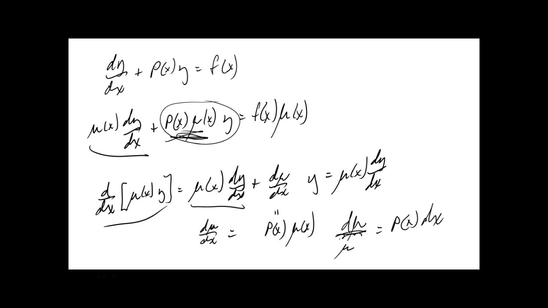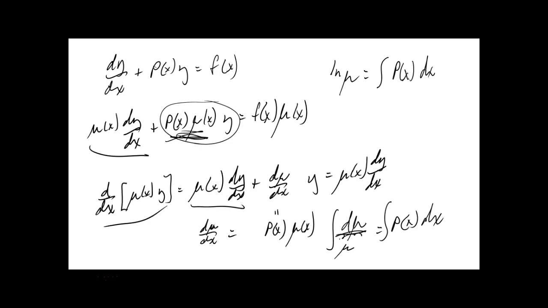Now, this is going to be log mu. And we integrate both sides. Integrate both sides, and you get log of mu is equal to the integral of p of x dx. All right? Now, how do we undo a log?